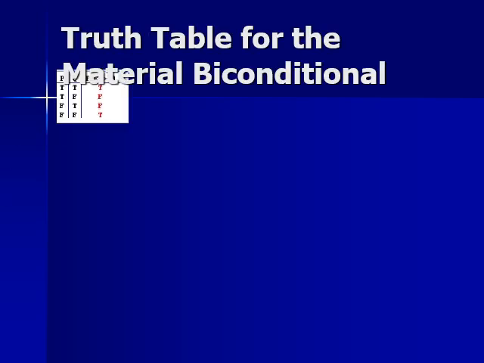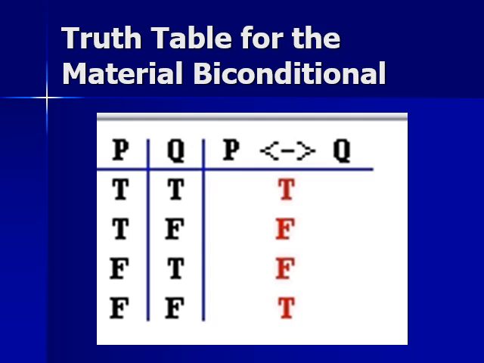As you might imagine, if there's a material conditional, there's also a material biconditional. Let's take a look at it. Here is the basic truth table for the material biconditional. The basic result is that when you've got P if and only if Q, that's going to be true when P and Q are both true and when they're both false, but not if they're mixed.